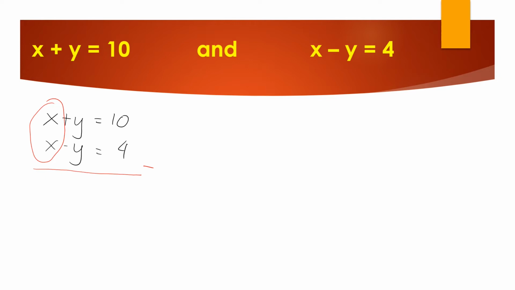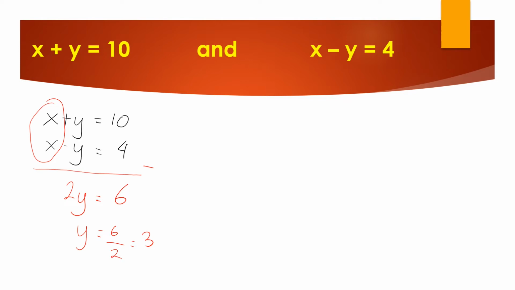So continue with y: y minus y. Remember, minus meets minus, so it will be a positive number. So y plus y equals 2y, and 10 minus 4 equals 6. So y equals 6 divided by 2, which equals 3.